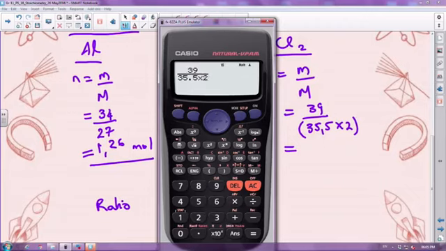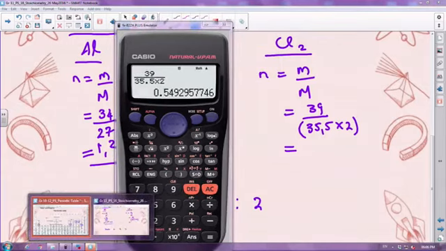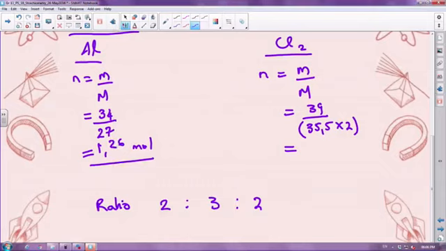And that is 0.549. Okay. What do I get? 0.549 moles.